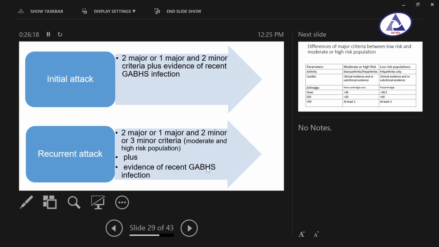What is the recurrent attack? Two major, or one major and one minor, or three minor criteria. Here three minor criteria have been added, in moderate and high risk population, plus evidence of recent group A beta hemolytic streptococcal infection.